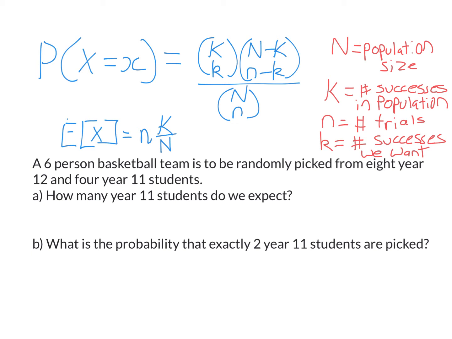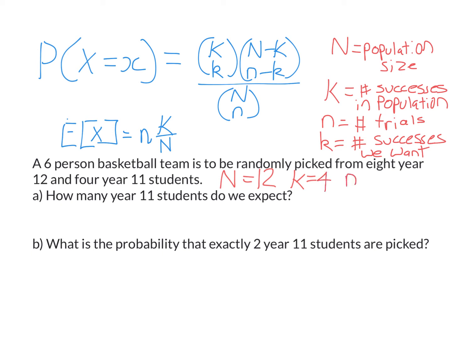So firstly, big N is the population size, how many there are in total. So there are 8 year 12s and 4 year 11s. So there are 12 in total. K is the number of successes in the population. So here we're talking about year 11 students. So the year 11 student is a success. So what we're saying is the number of successes is the number of year 11s in the population, which is 4.